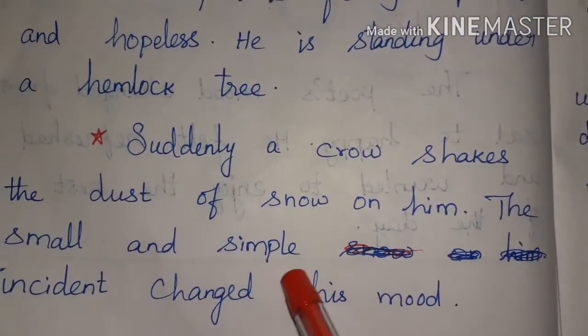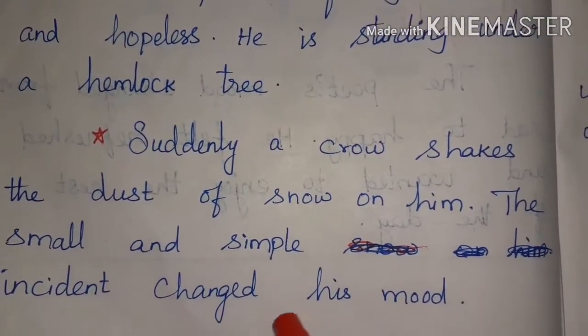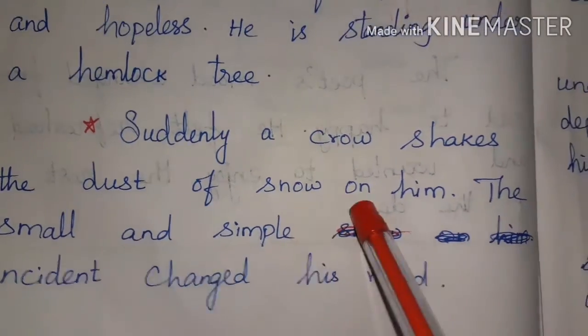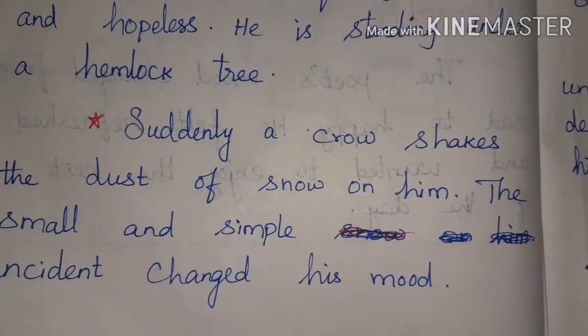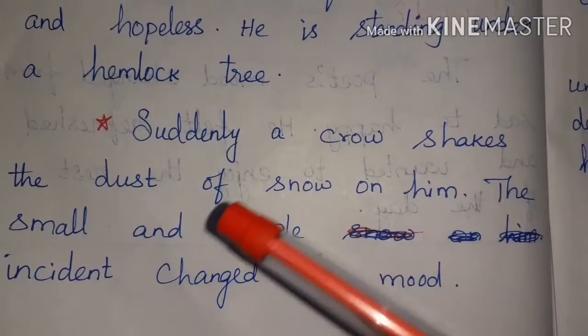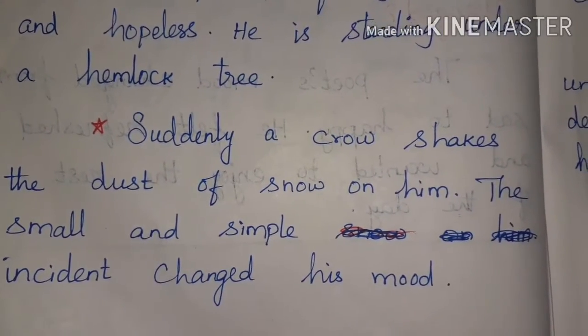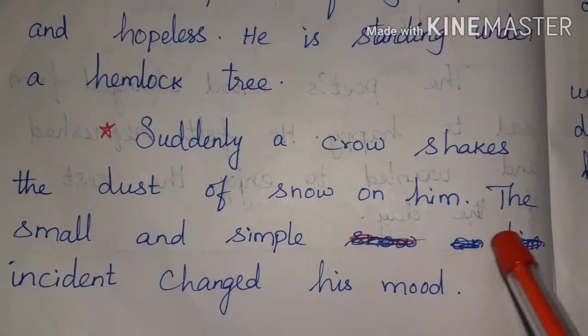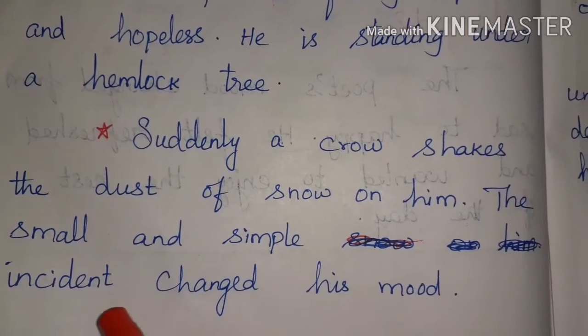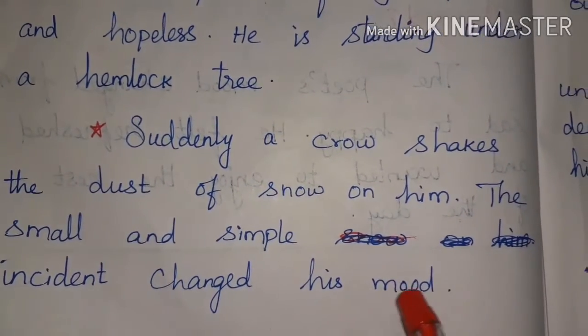The small and simple incident changed his mood. It's a simple incident, isn't it? When the crow shakes its feathers, the snow falls on him. It's a small incident, and the small incident changed his mood.